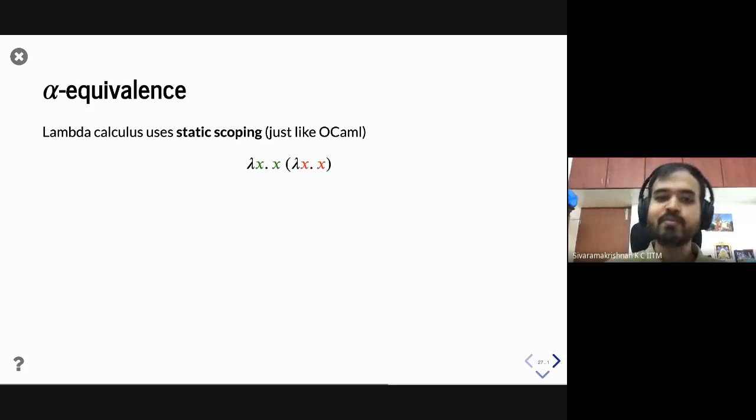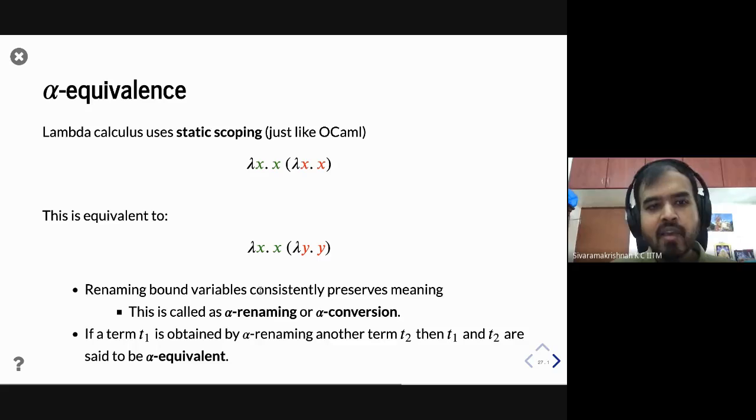So let's see why. Lambda Calculus uses static scoping, just like OCaml. What is static scoping? It is the relationship between the binder and the bound variable. So this x is bound to this x, and this x is bound to this x. And if you have an x here, that x will be bound all the way to this x. We say that this term is equivalent to this term.